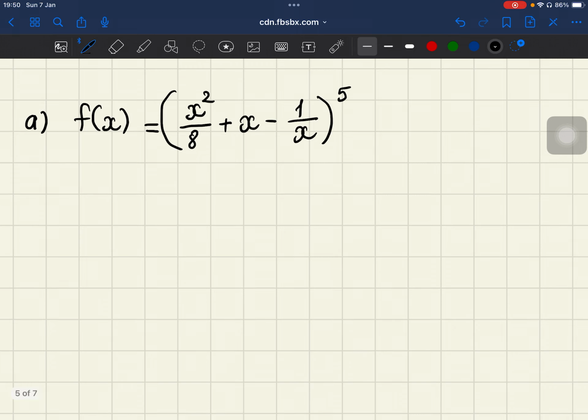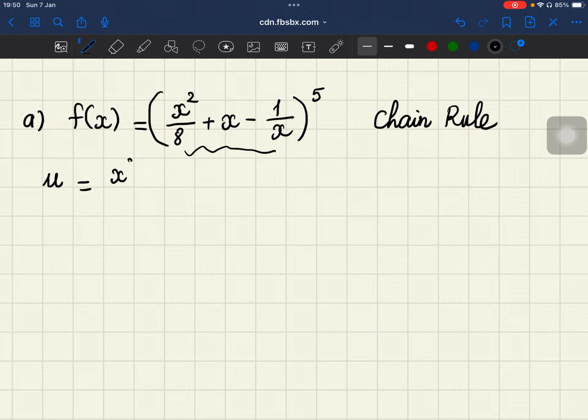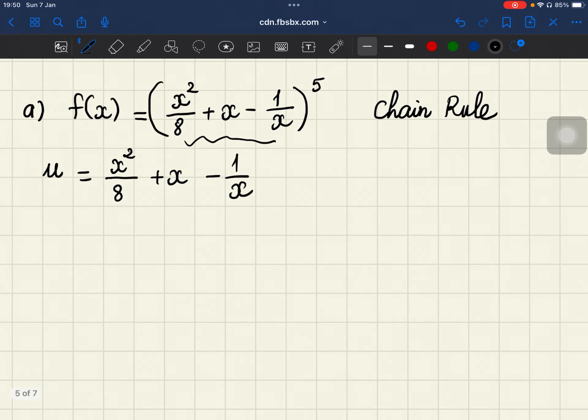So here I see a function inside a function, so we will apply the chain rule. So I will put u is equal to x squared divided by 8 plus x minus 1 over x, right?